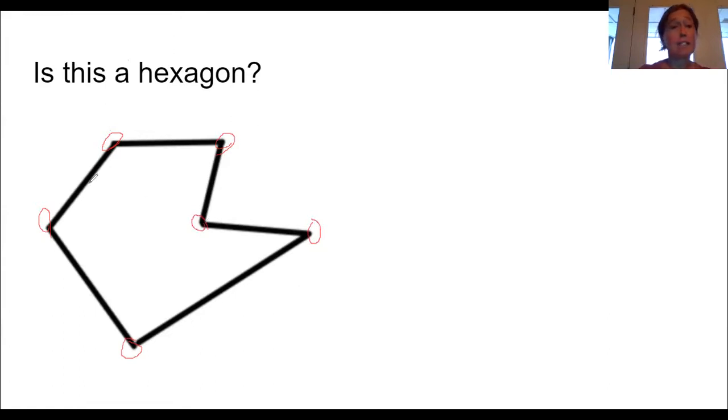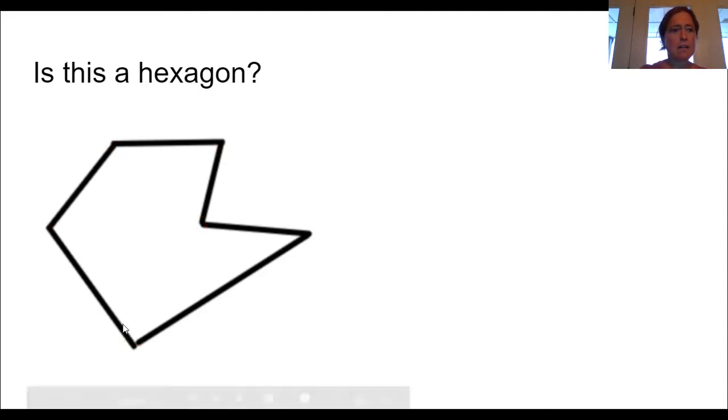Does it have 6 sides? 1, 2, 3, 4, 5, 6. It does. But what do you see might be a problem? The 6 sides are not equal sides, and a hexagon must have 6 equal sides to be a hexagon. Okay? All right.